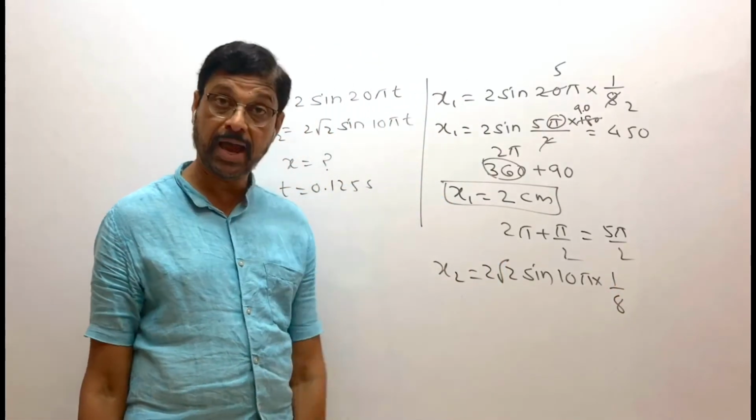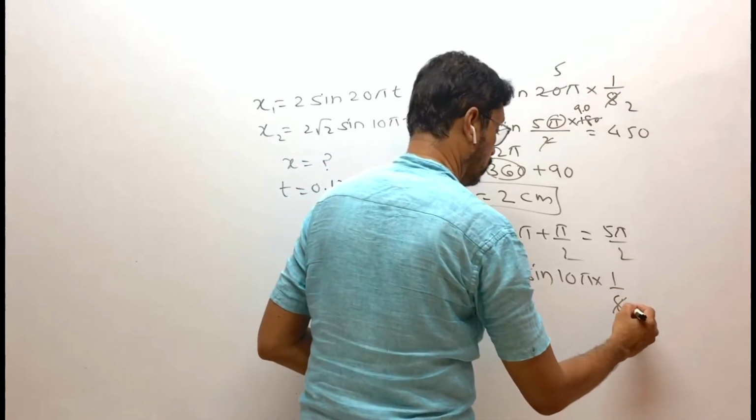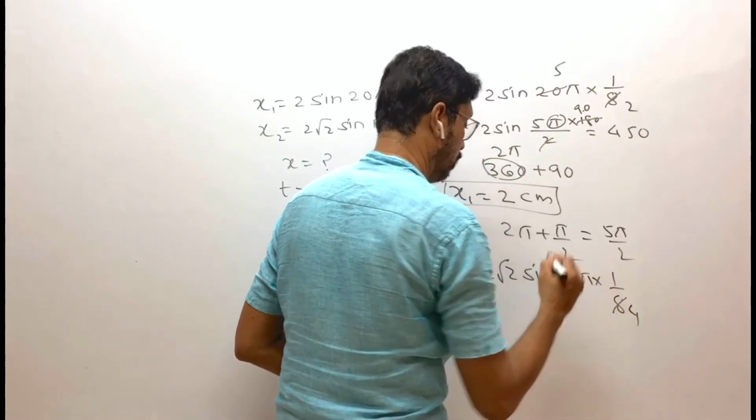T is again 1 by 8. So it is 4, 2 4s are 8, 2 5s are 10.